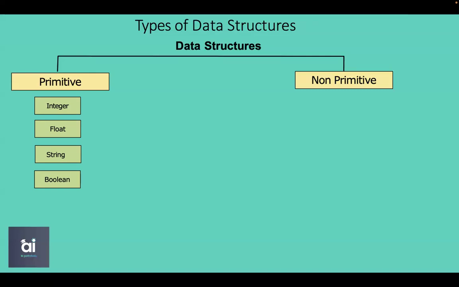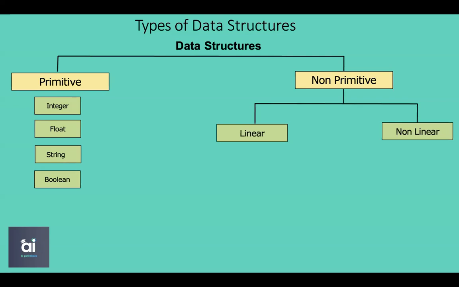When it comes to non-primitive data structures, they are derived from primitive data types by combining two or more primitive data structures. These data structures can be subdivided into linear and non-linear data structures. So, what is a linear data structure?